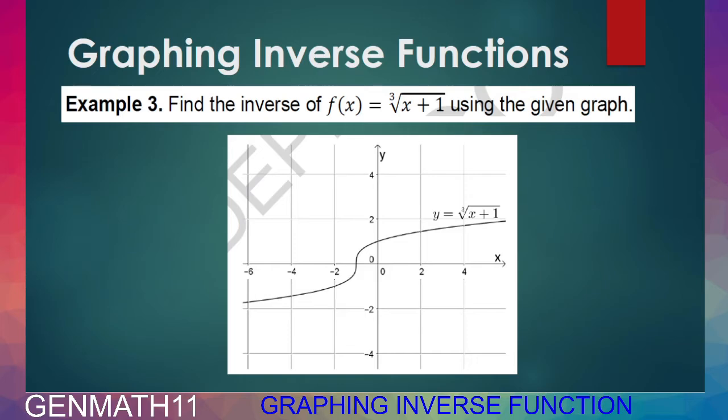So, pwede tayong gumawa ng representation ng graph niya. Then, i-graph natin ulit. Para mas maipakita natin kung ano ba yung kalalabasan niyang graph based on dun sa mga values ng x natin na pwedeng i-substitute dyan sa ating function.